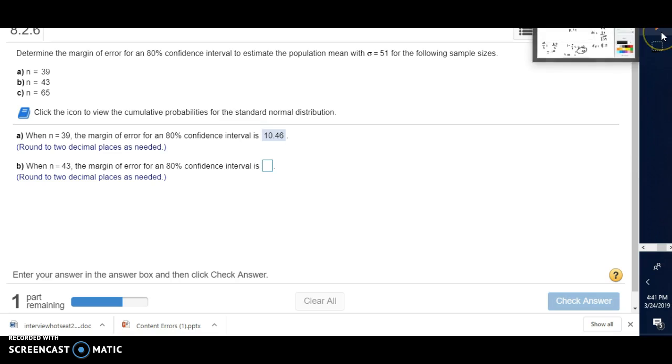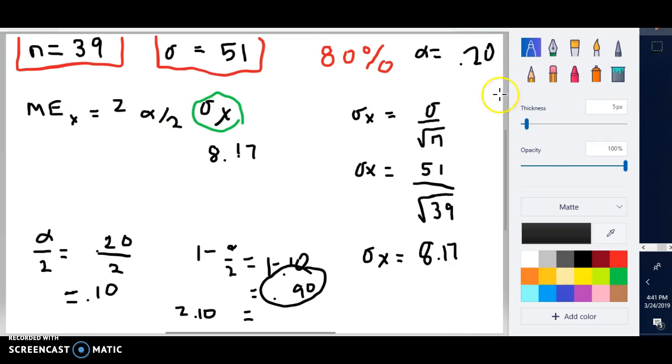So once you find that, we know it's 1.28. We're going to plug that in up here. 1.28 times 8.17. Those were supposed to be parentheses. I know they do not look like parentheses, but let's pretend we're multiplying there.